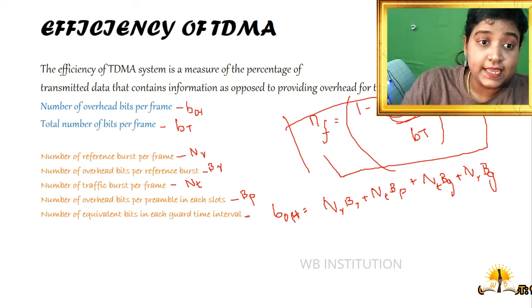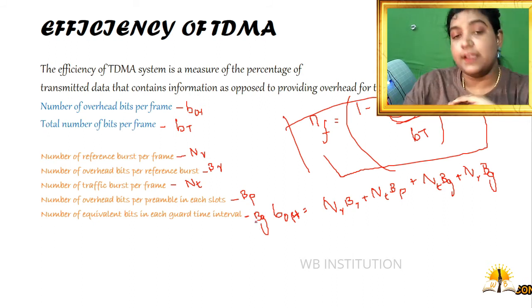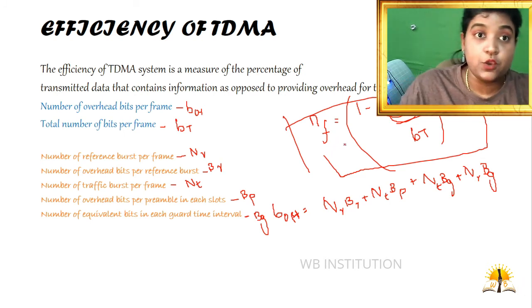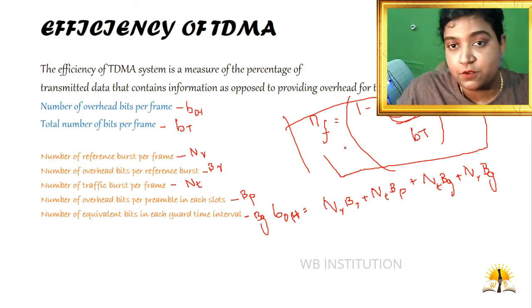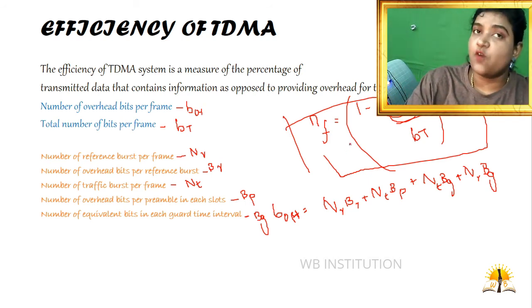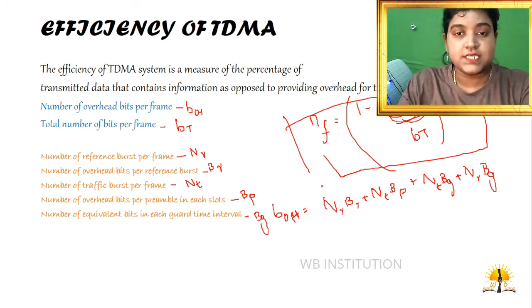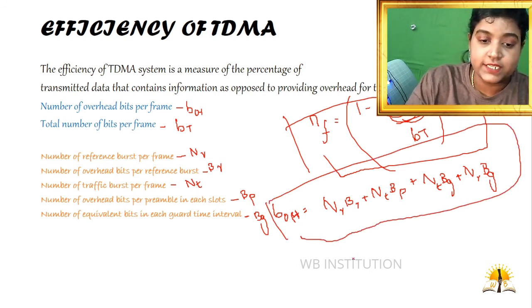Finally, BG is the number of equivalent bits in each guard time interval. Eta f is the efficiency of time division multiple access, calculated as (1 minus BOH divided by BT) times 100. BOH is calculated by the separate formula given here, and BT is also calculated by a separate formula: BT equals TF times R.